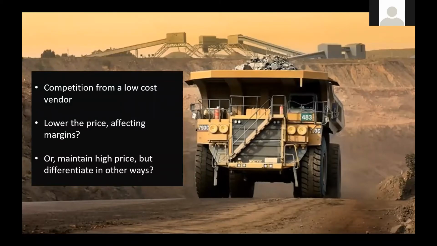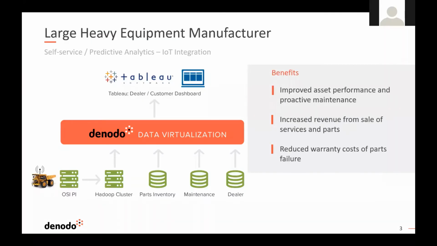So what this particular organization did was introduce Denodo as a data virtualization layer that allows them to seamlessly connect or logically build a unified data model across all those disparate data sources, regardless of whether it is that IoT data that's streaming off those big devices, or whether it's their operational systems all around parts and maintenance and even the dealer systems.